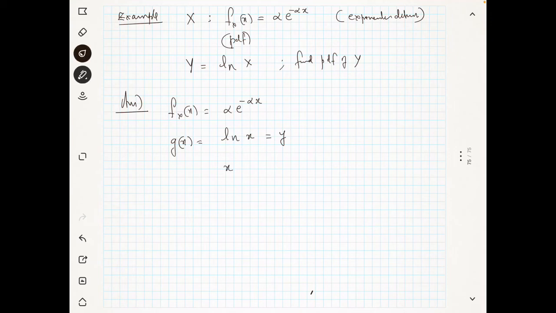So what will be x? x is nothing but e power y. Directly you just take the exponential, then you will get x is equal to e power y.